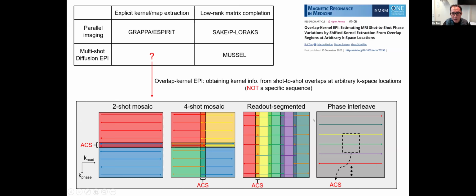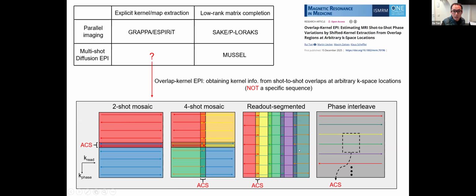Also, this links to the previous question about how this compares to low-rank methods. One person did something similar a long time ago and cited his paper. In readout segmented EPI, if you look at the very peripheral inter-shot overlaps, for example in 7-shot readout segmentation, those are very high frequency signals with low SNR.